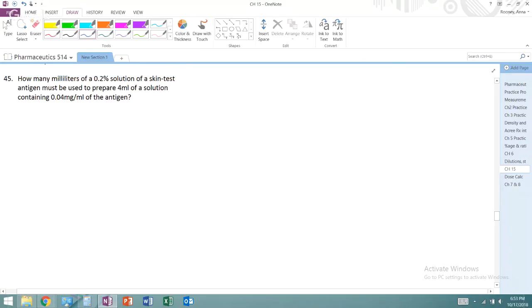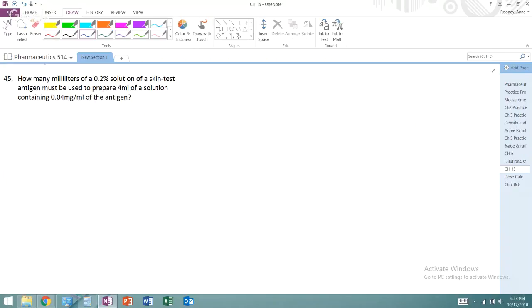All right. So how many milliliters of a 0.02% solution of a skin test antigen must be used to prepare 4 mLs of a solution containing 0.04 milligram per milliliter?